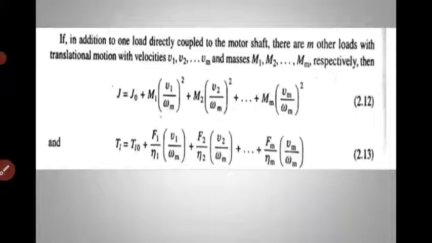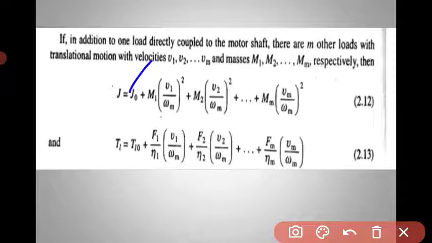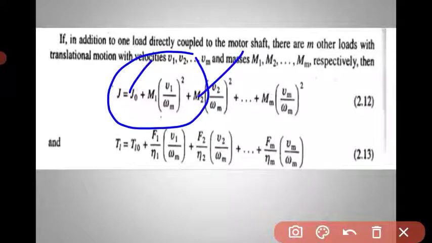Besides the one directly coupled to the motor, additional ones are connected: m2, m3, m4 and so on till m. So this equation we will obtain.